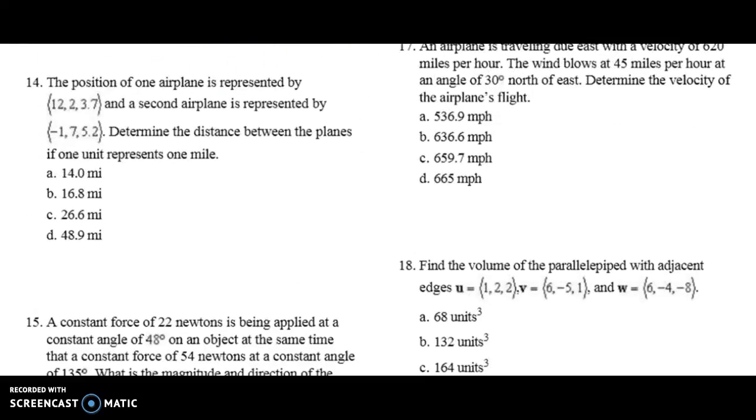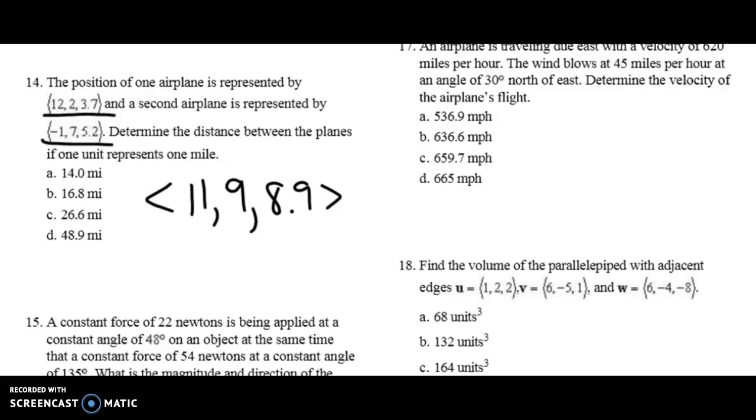Number 14, the position of one airplane is represented by (12, 2, 3.7), and the second airplane is represented by (-1, 7, 5.2). Determine the distance between the planes if one unit represents 1 mile. First I have to find the resultant vector, so I simply add them. 12 plus -1 is 11, 2 plus 7 is 9, and 3.7 plus 5.2 is 8.9.